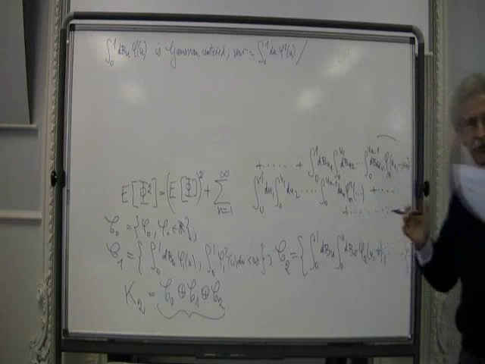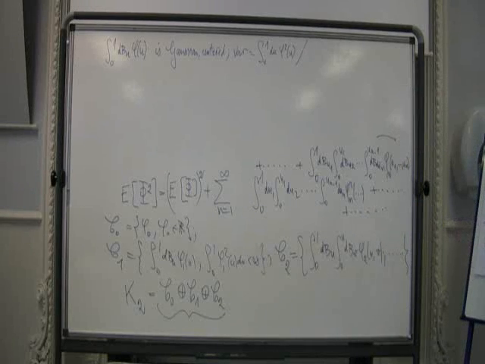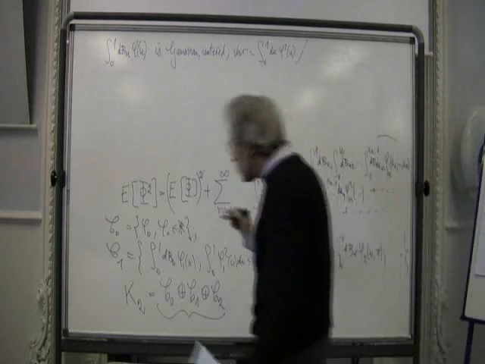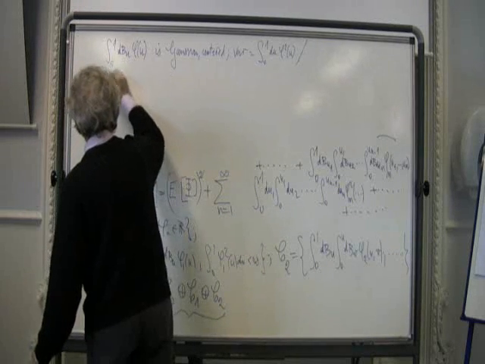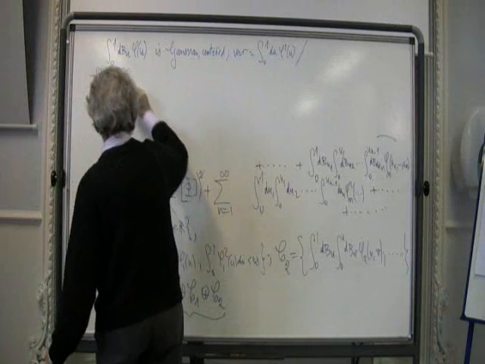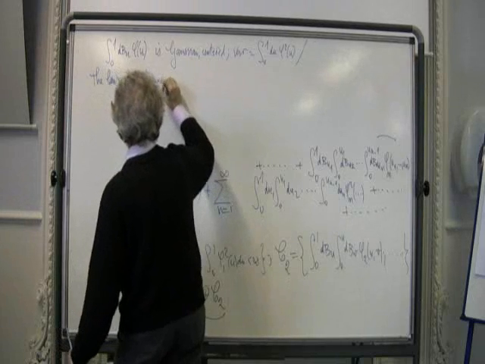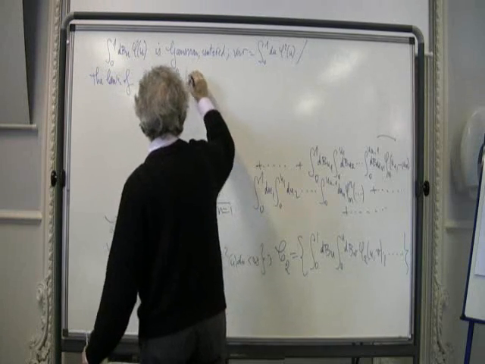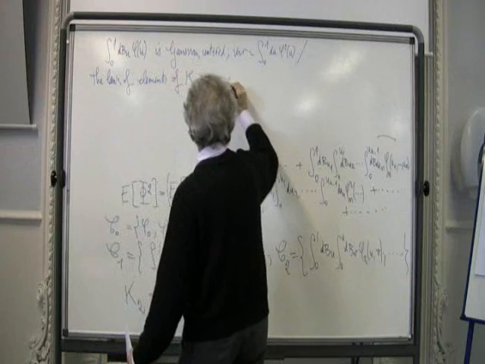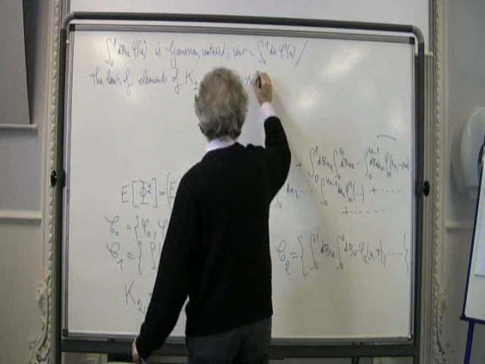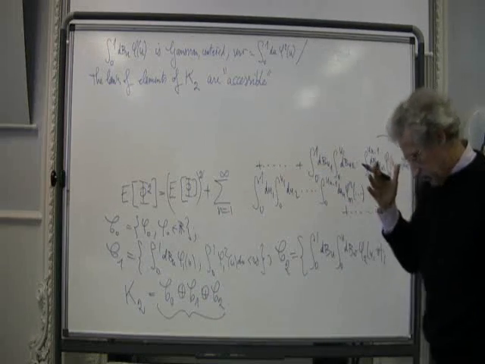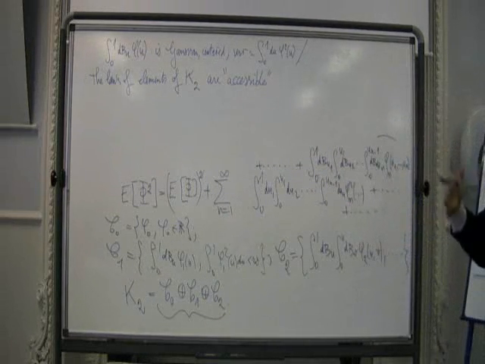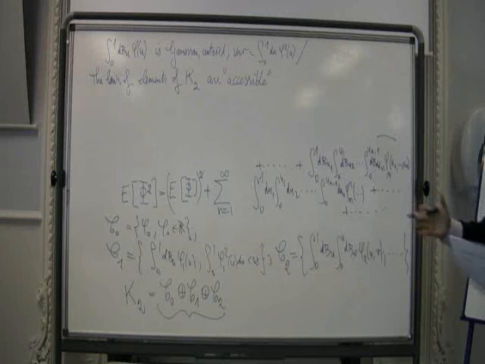So you can go back and forth between Riccati and Sturm-Liouville. So the laws of elements of K2 are accessible, at least as soon as we have a Sturm-Liouville equation which we can solve explicitly.